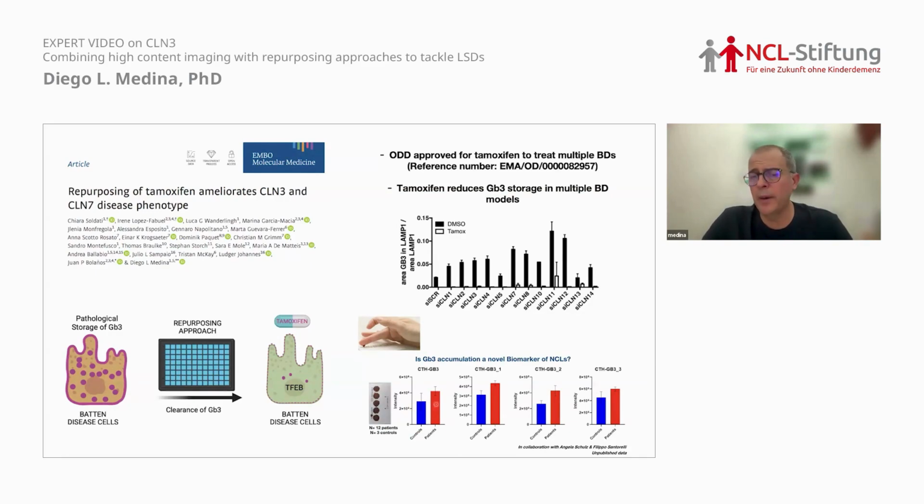And we have preliminary data that showed that human patients affected by Batten disease accumulate GB3 in these blood samples. That is the first proof that GB3 could be used as a biomarker, but also to test the efficacy of novel therapies in vivo in patients with non-invasive techniques. We are performing these experiments in collaboration with Angela Schulz and Filippo Santorelli.